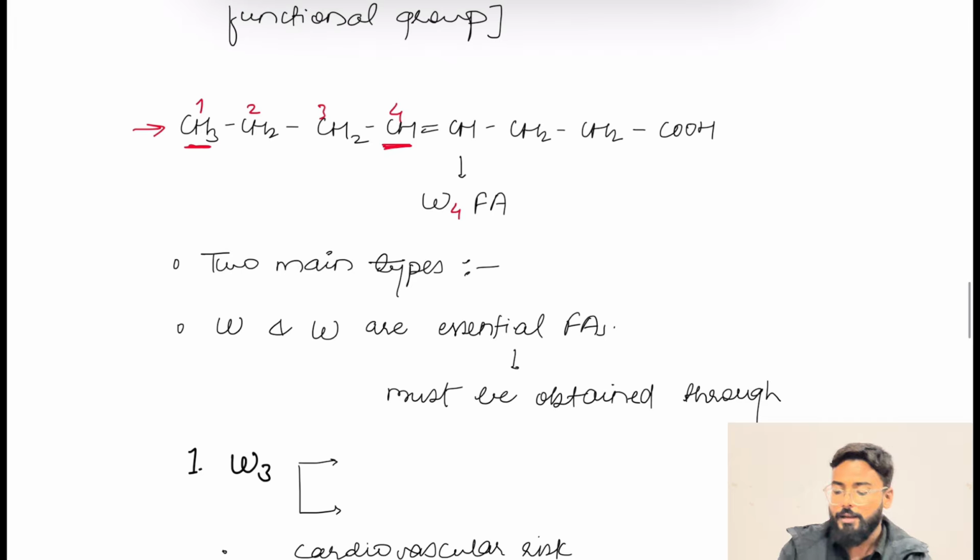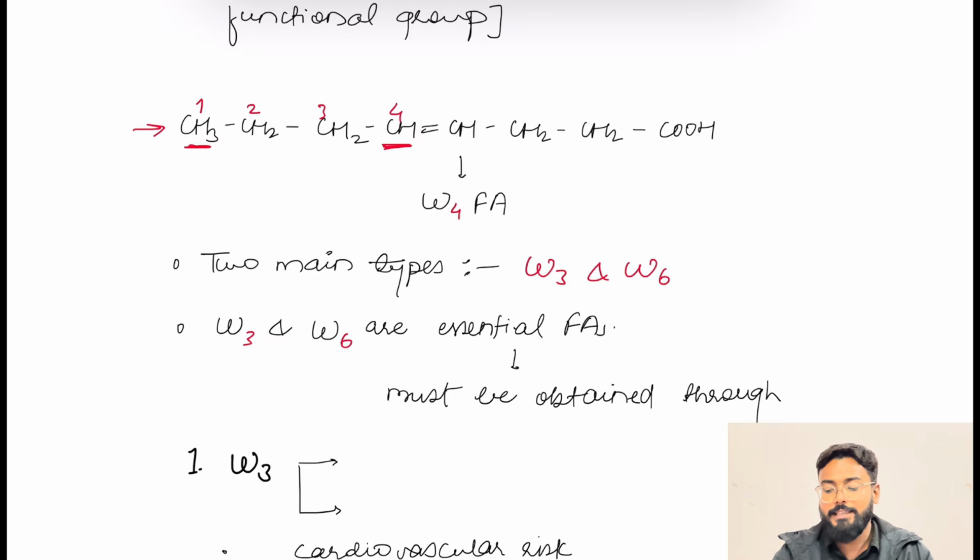But there are two main types of omega fatty acid that we need to learn, that is your omega 3 and omega 6. These are your essential fatty acids, and these must be obtained through diet.